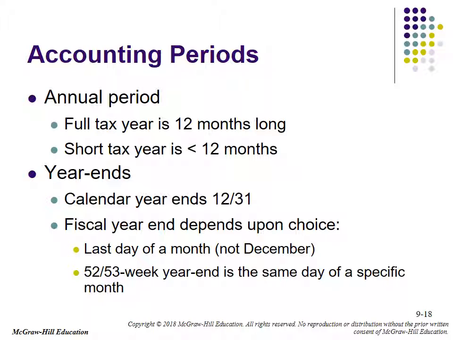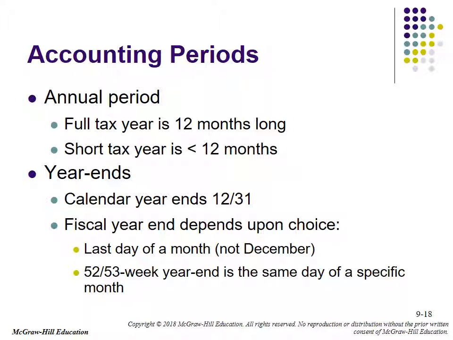Okay, so you file your tax return for 9/30 of 17. Because that's the end of your full 12 months. You want the calendar year 1/1/2018 through 12/31/2018 to be your new tax year.